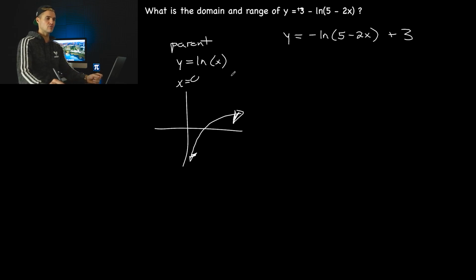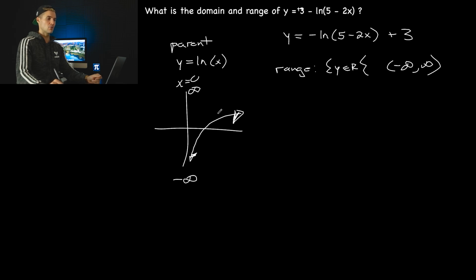For any log function, the range is going to go from negative infinity to positive infinity. So we know that the range is going to be y ∈ ℝ, or in interval notation from negative infinity to positive infinity.